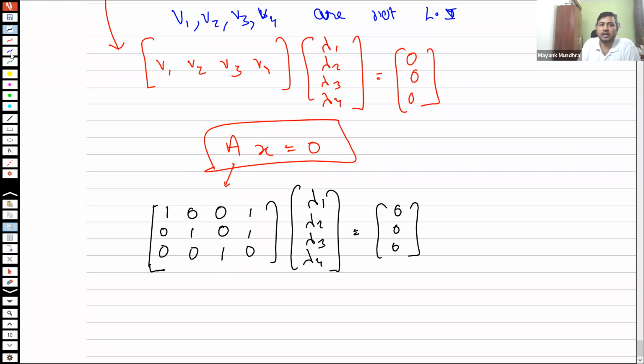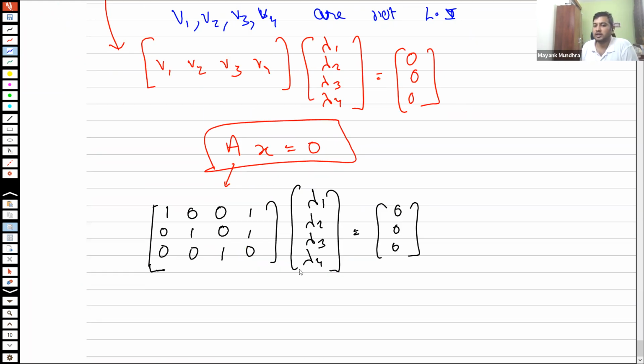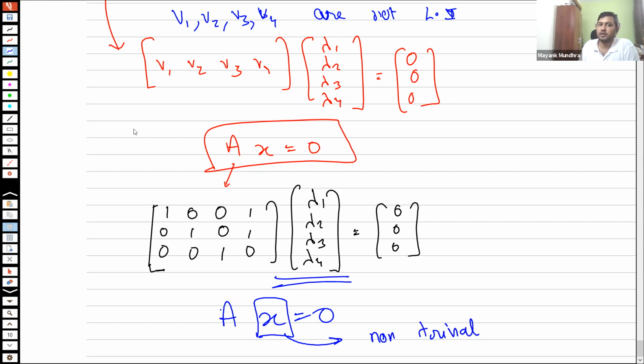Then I'm saying that not all lambdas need to be 0. That is what I'm saying here, right? That not all lambdas need to be 0. You can get solutions where lambdas are non-zero. So lambdas non-zero means that in this Ax equals 0, this x vector can be non-trivial. Now x vectors are used to form the null space.